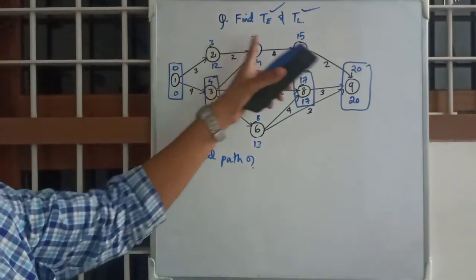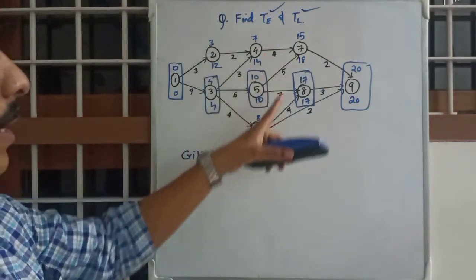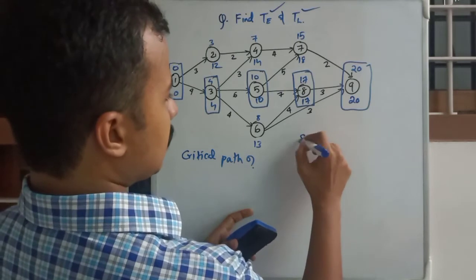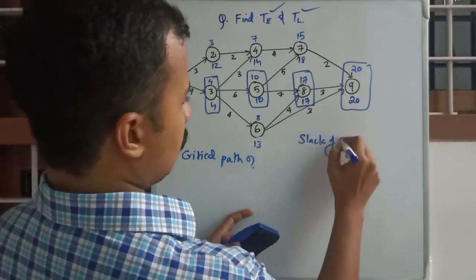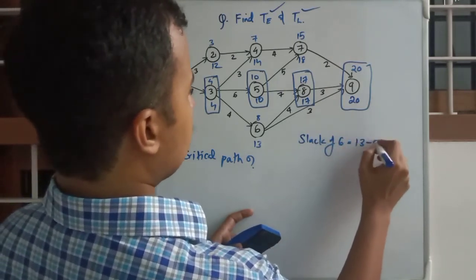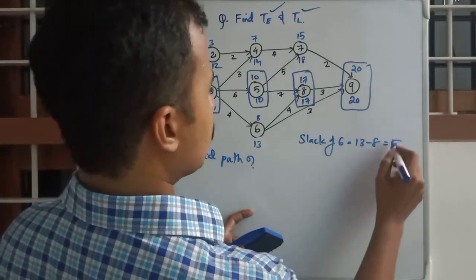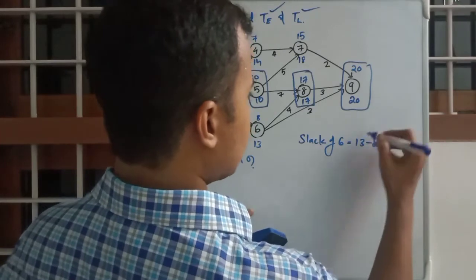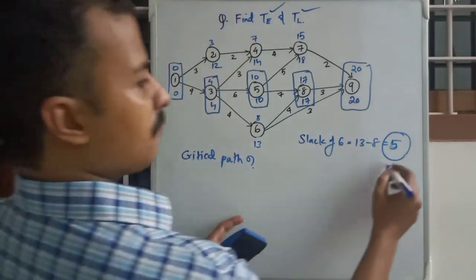All the remaining activities are having slacks. Okay, for example, slack of 6 is equal to 13 minus 8, 5 days. That means even 6 can delay up to 5 days.